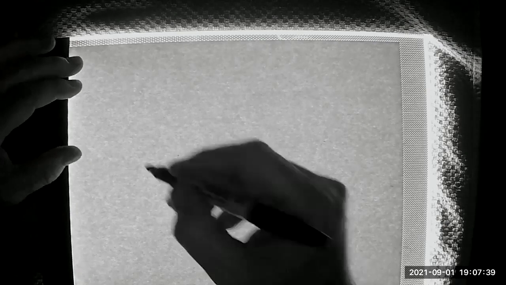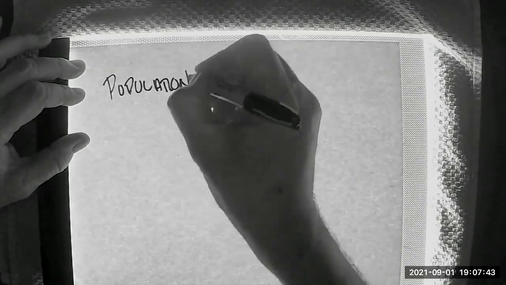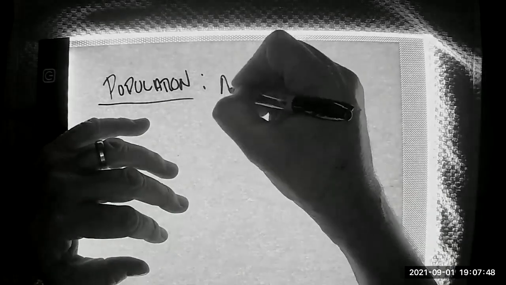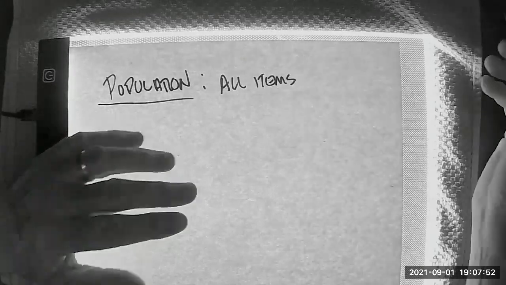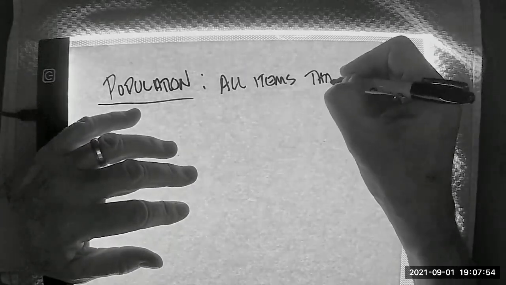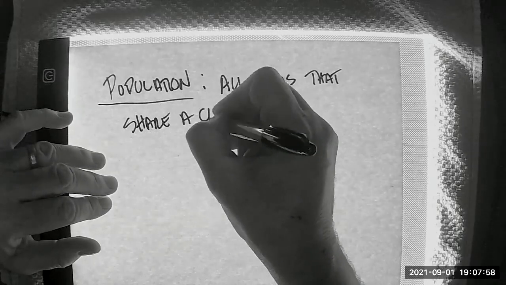So statistics is a way to organize. It's the science of crunching numbers and making inferences. Here's the problem. At the end of the day, we work with a population. A population is just all items, elements, people that share a particular characteristic.